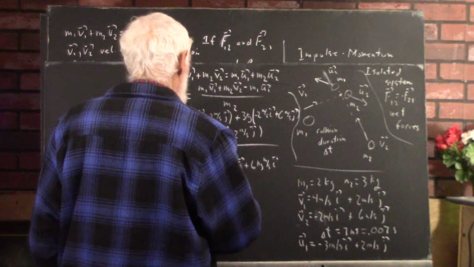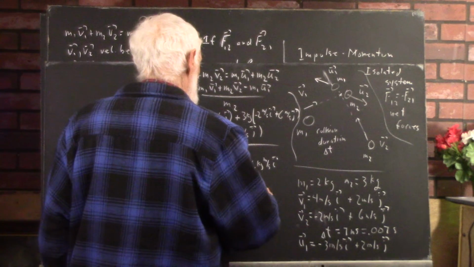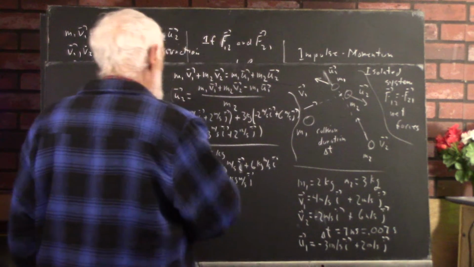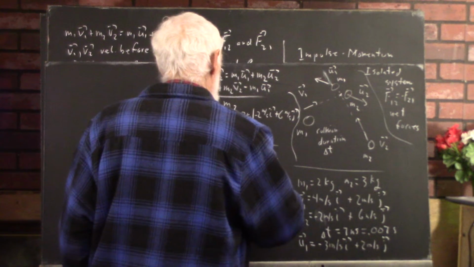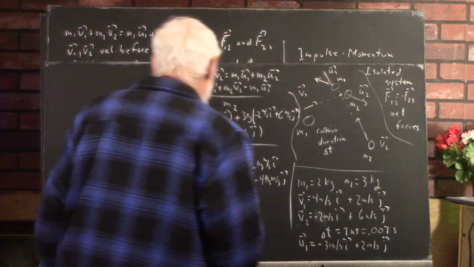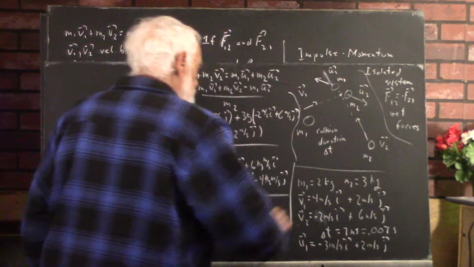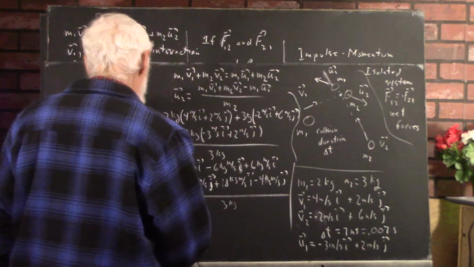Plus 18 kilogram meters per second times J. And then minus 4 kilogram meters per second times J, all divided by 3 kilograms.